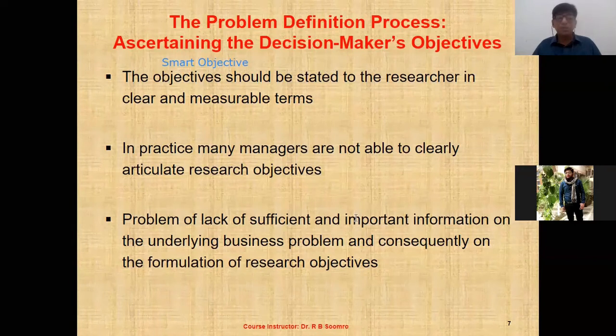Lack of sufficient important information on the underlying business problem affects the formulation of the objectives. If important information is not available about the particular issue, it will create a problem for the researcher, because the researcher wants the complete information, and then will be in a position to conduct relevant research for you.